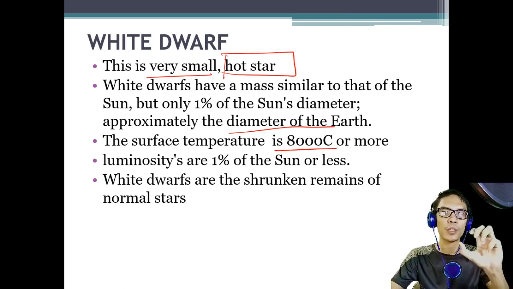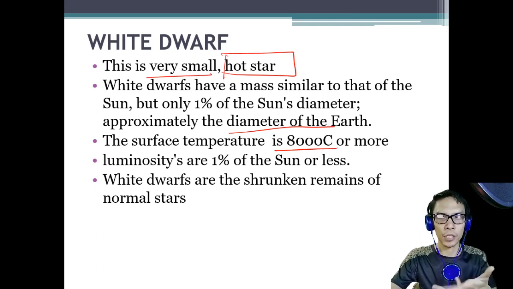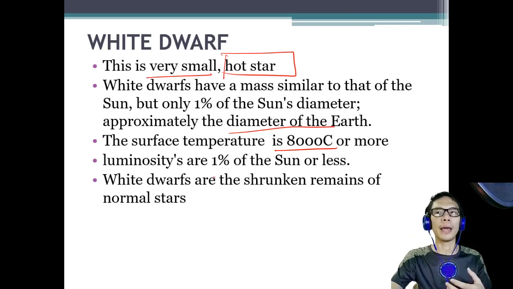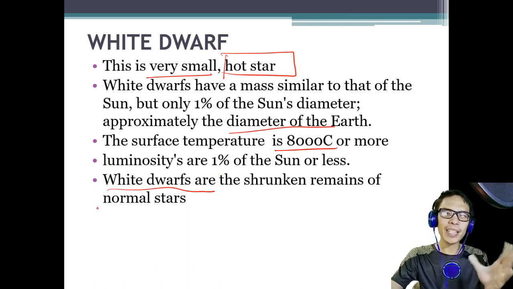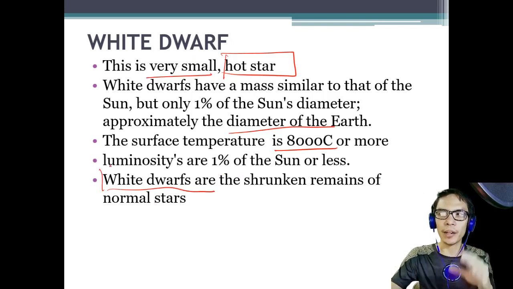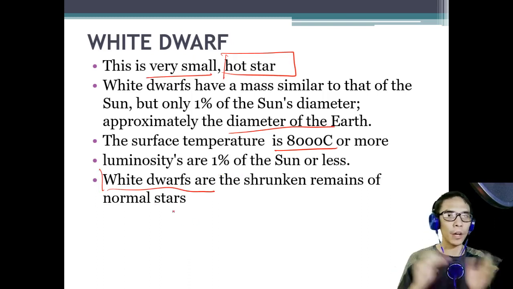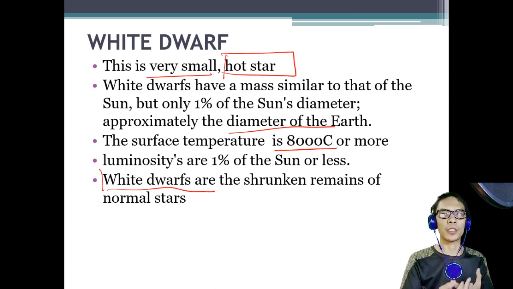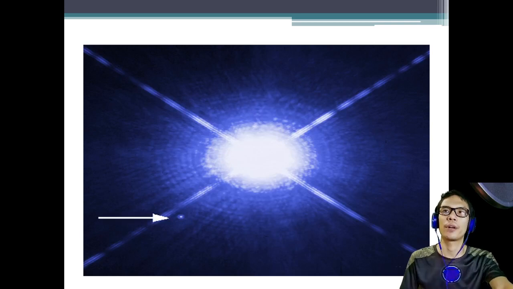The luminosity of this white dwarf is 1% of the sun, and some of them are less than that. Basically, white dwarfs are the shrunken remains of normal stars. Our sun will become a white dwarf in the long run after it expends all of its fuel. That's the white dwarf.